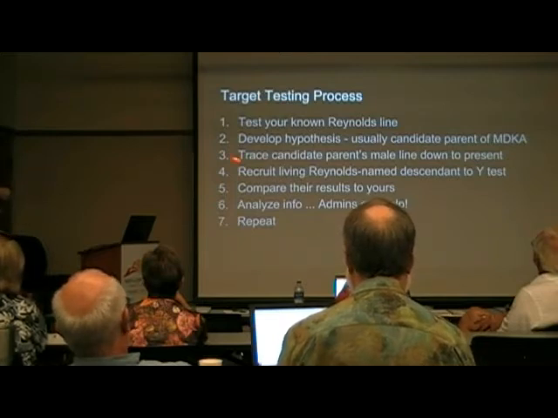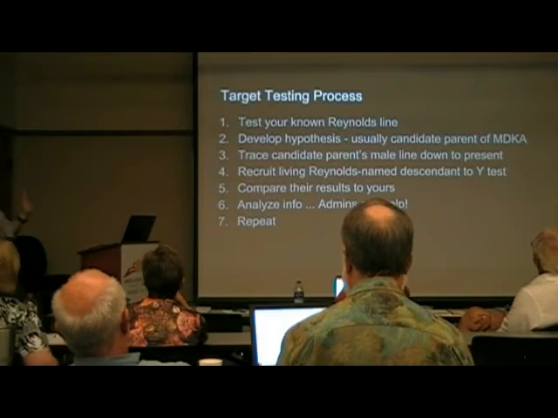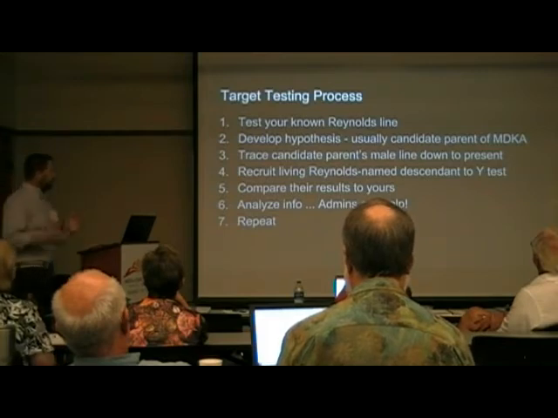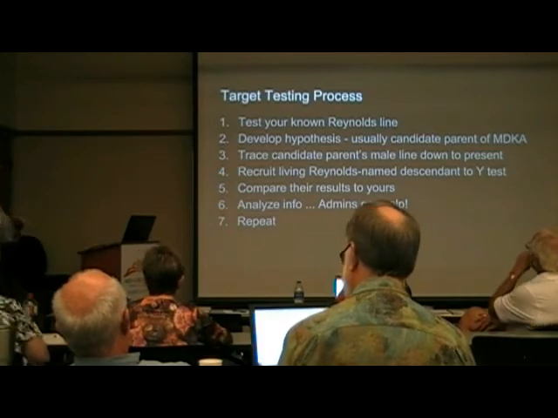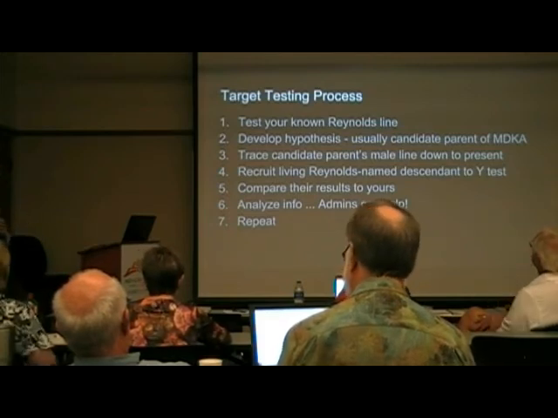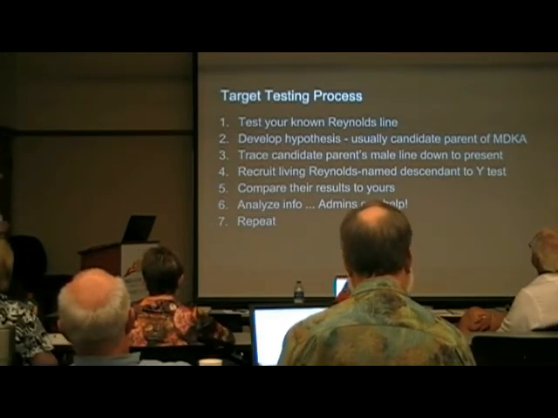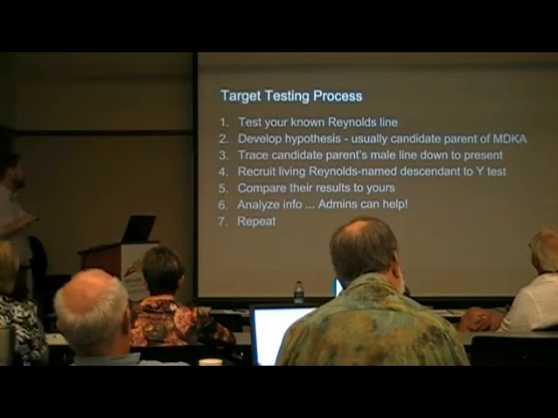Then you trace that candidate's line down, following their male lines, who had sons, until you get to the contemporary era, and you reach out to Reynolds men and recruit somebody to do one of these tests.